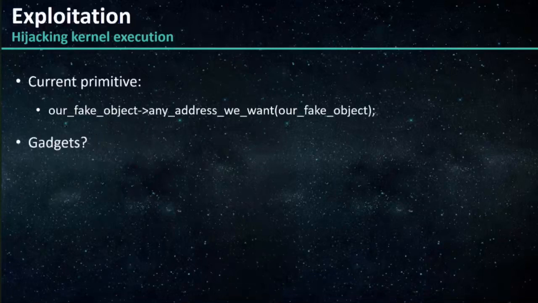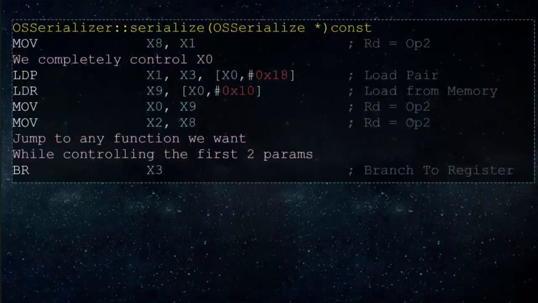Our current primitive is to put a fake vtable, so we can hijack and call any kernel address we want, and we control only the first parameter, which is the actual spray we had. So now it's time to look for a gadget. There is a very famous gadget called unserializer serialize.